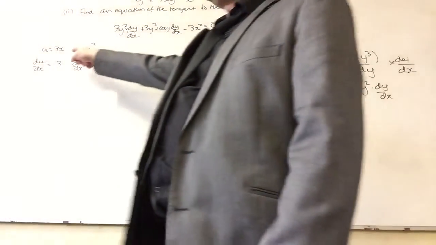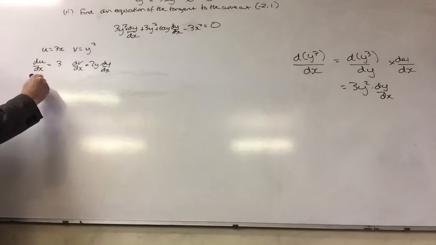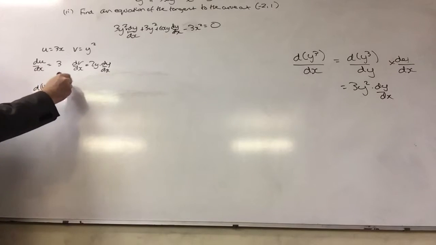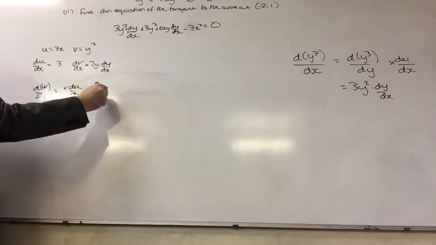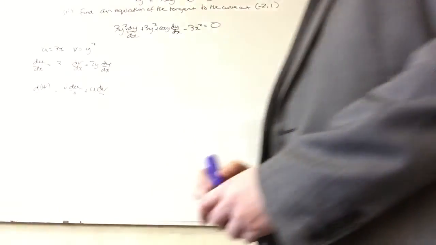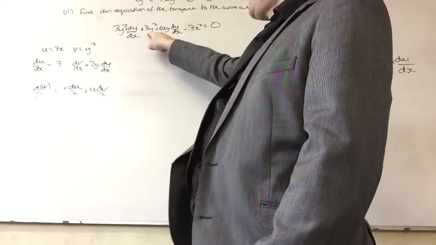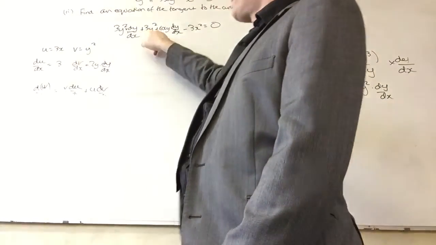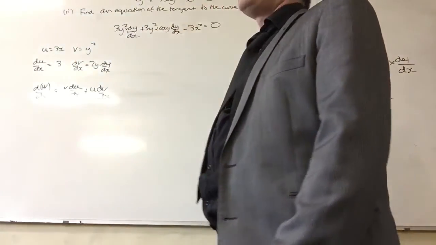So once I've done this thing here, we're using the formula that the differential of uv is equal to v du dx plus u dv dx. And that's what this thing here is. So v du dx is y squared times 3, and then u dv dx is this times this, 6xy dy dx.